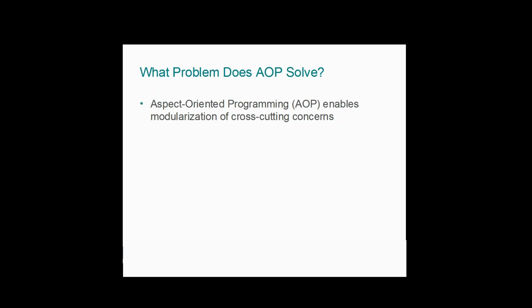So those kinds of code, which cut across many functional blocks, are called cross-cutting concerns. Like logging: if I want to add a log for entering a function and exiting a function, like instrumentation code, I will insert this logging code at the start and at the end of every method.